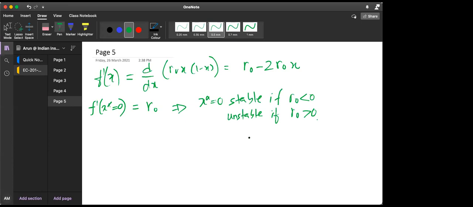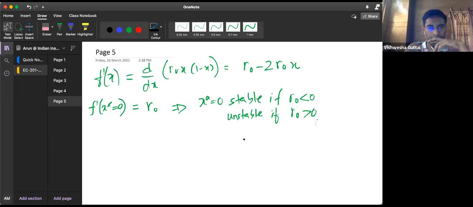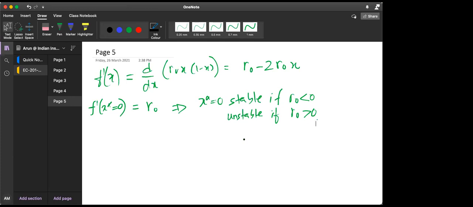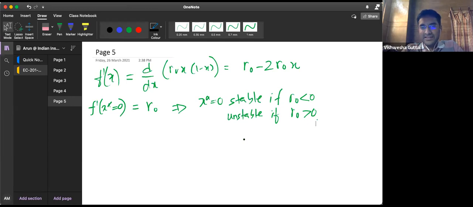You mentioned the per capita growth rate of the perturbation. What exactly are you perturbing here? So there is an equilibrium value x star, some population density, let's say 100 individuals per square kilometer. A small perturbation means I add a few individuals to it, or alternatively I remove a few individuals from that equilibrium.